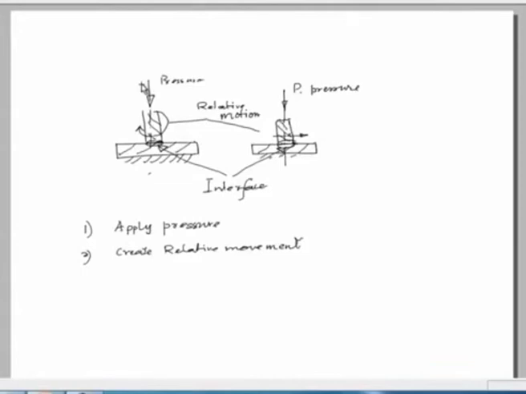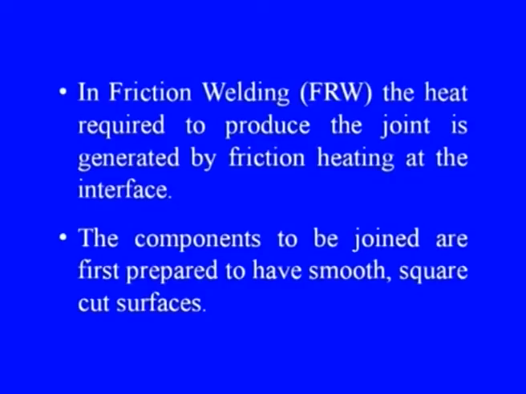Because of this plastic deformation, the material on both sides will get deformed and fused. In friction welding, the heat required to produce the joint is generated by friction heating at the interface that we have already discussed. The components to be joined are first prepared to have smooth square cut surfaces.